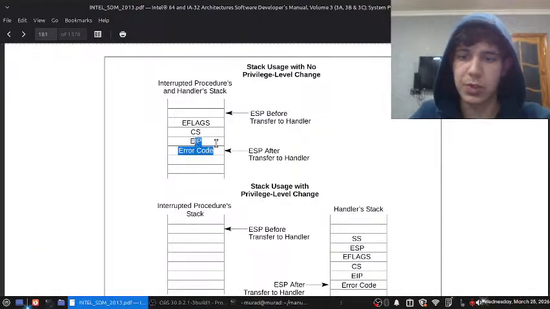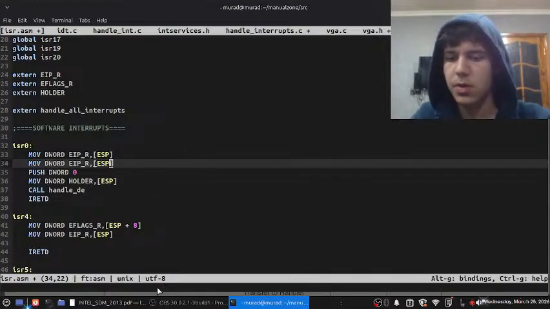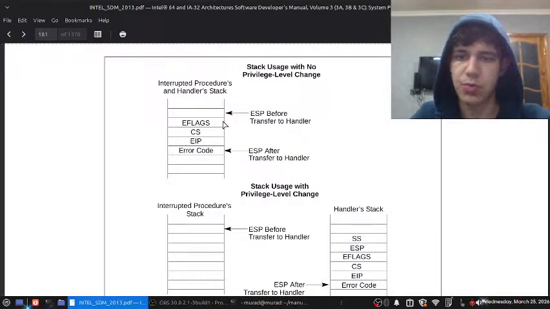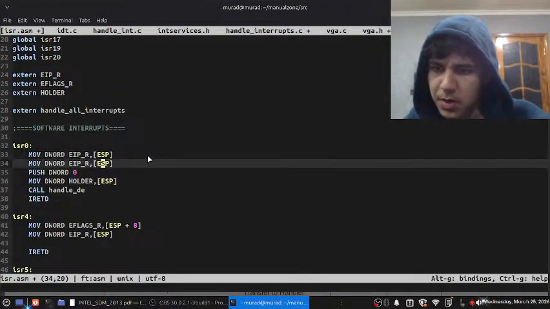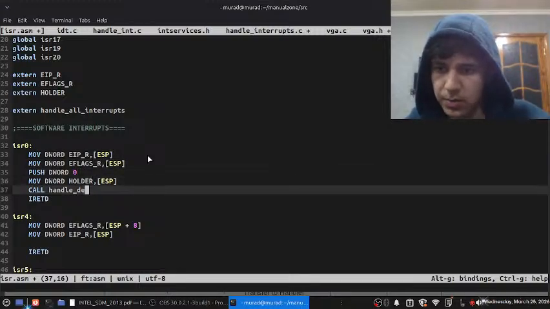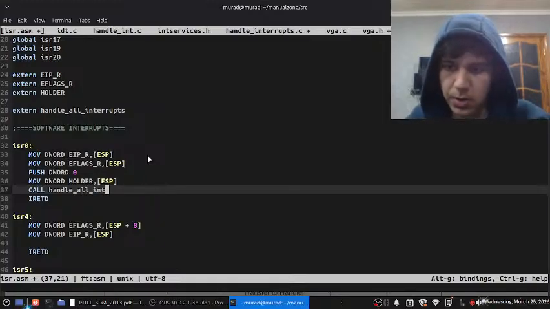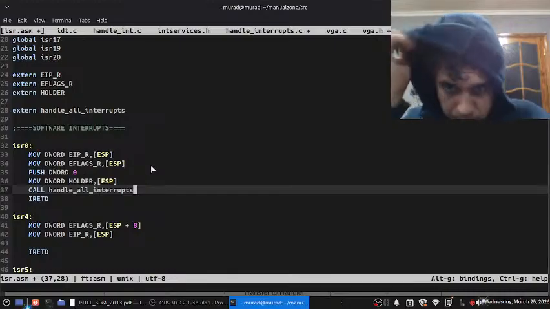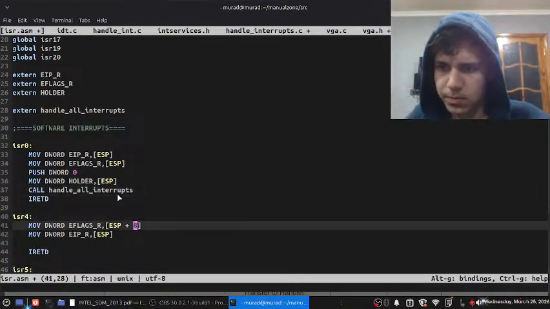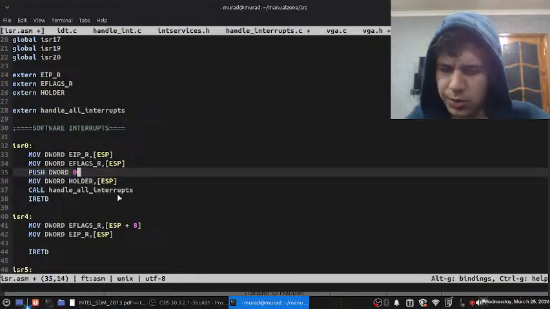Instruction pointer without error code. ESP shows the instruction pointer. We have to add 8 to the instruction pointer to reach the EFLAGS register. Handle all interrupts. Did I do all things right?